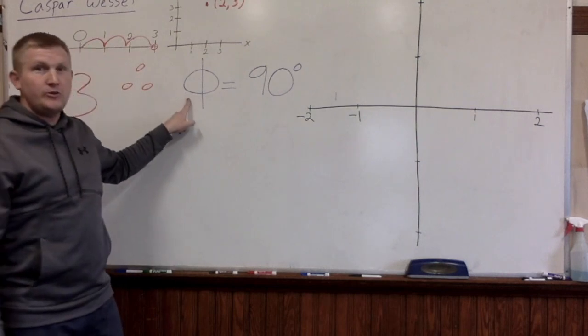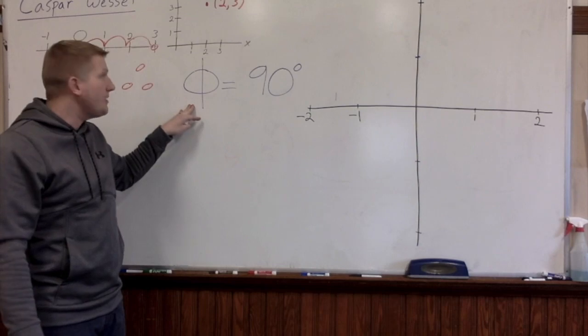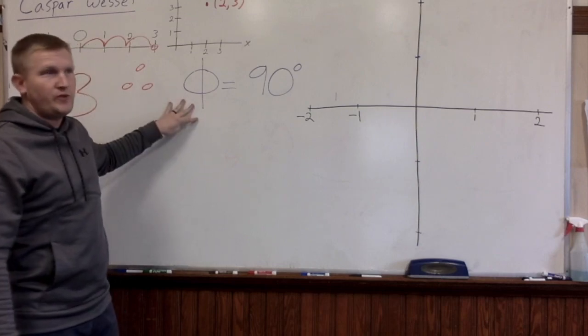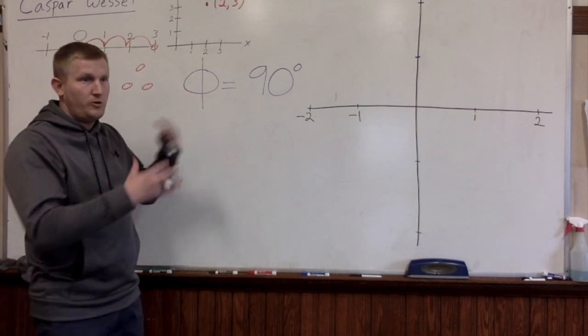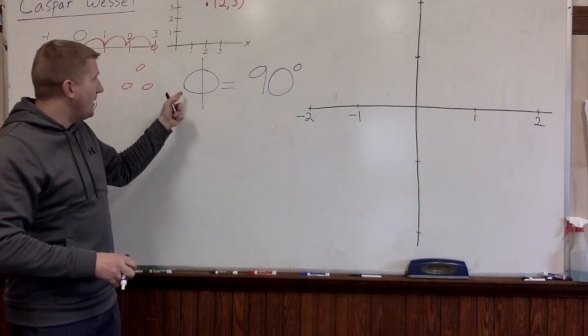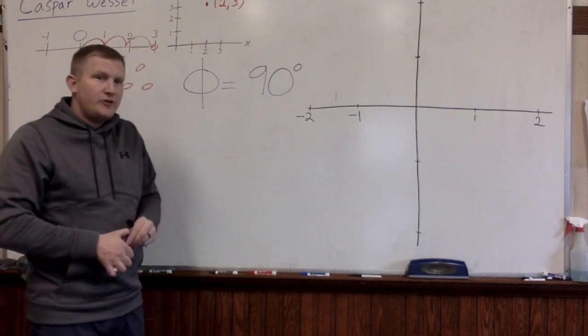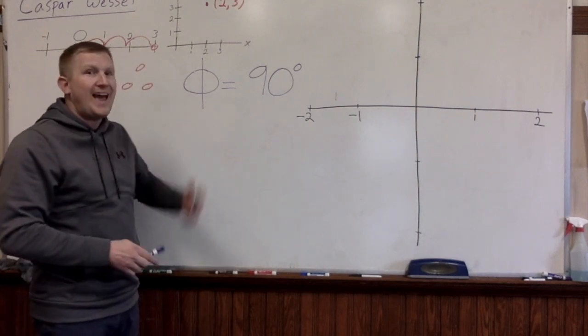Now, he did use the Greek letter phi. This is not to be confused with the golden ratio, but I'm going to continue to use phi because that's how he wrote it in his paper. So if we look at a normal Cartesian coordinate plane, phi does not show up. There is no phi axis.